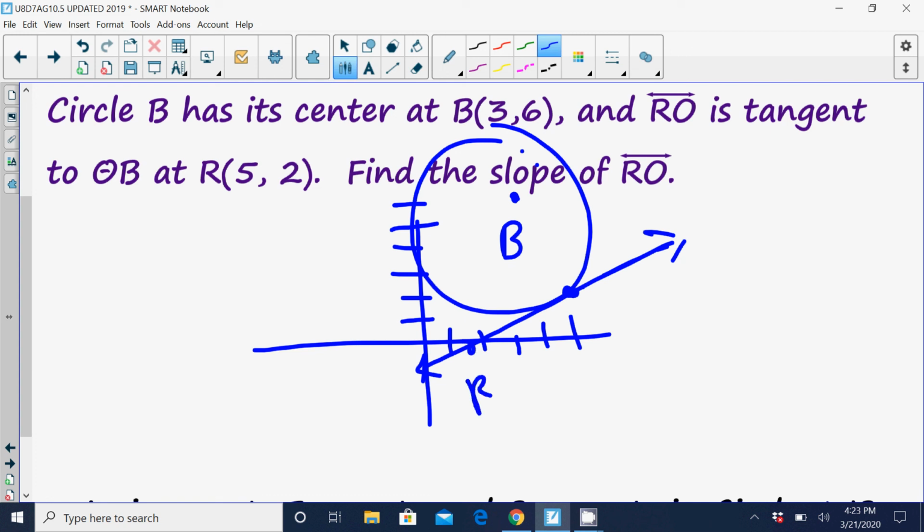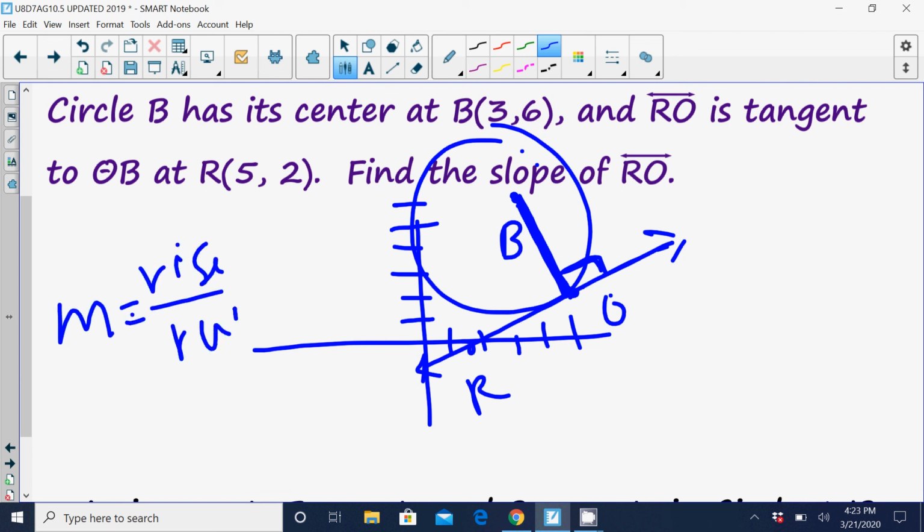So this line down here is going to be RO, and what we would do here is draw in this radius. Earlier we said the radius has to be perpendicular to a tangent. So what I could do here is find the slope from point B to that tangent, so really finding the slope of the radius. Remember your slope formula: it's the rise over the run.